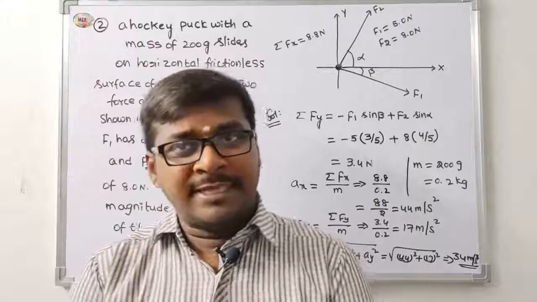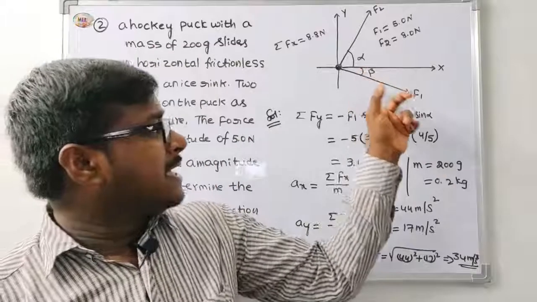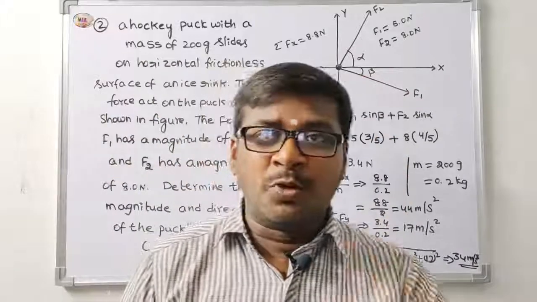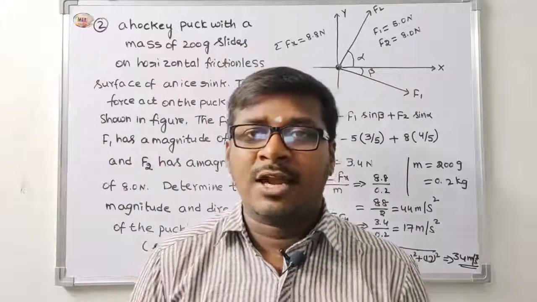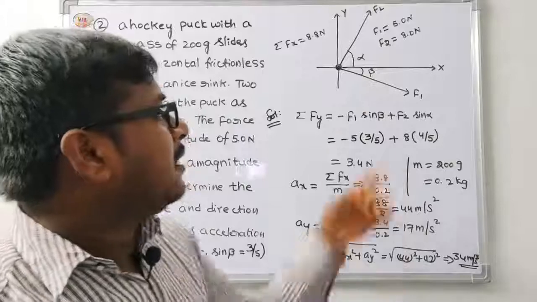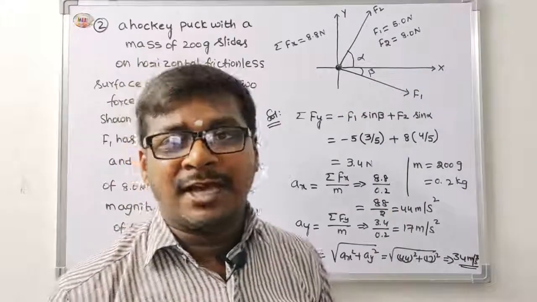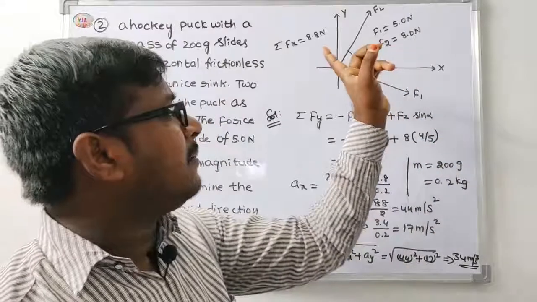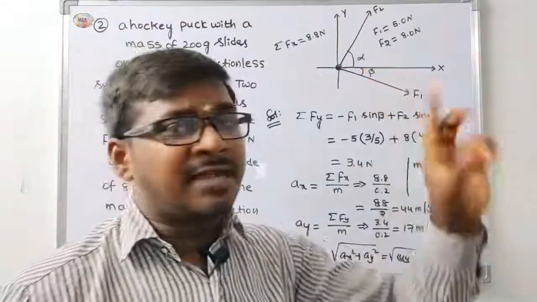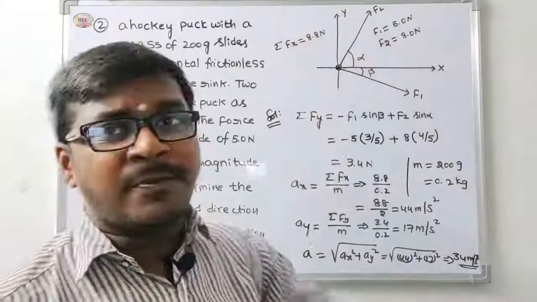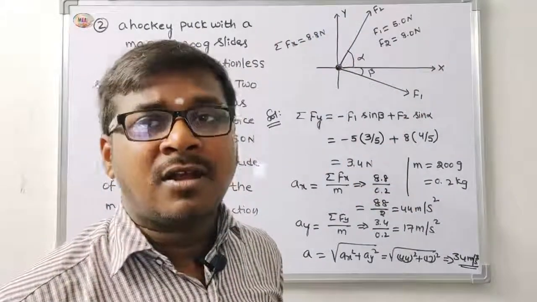F1 makes the angle beta and is resolved into two components, the horizontal component and the vertical component. The horizontal component is F1 cos beta. At the same time, F2 makes an angle alpha and is resolved into two components, one horizontal and the other vertical. The horizontal component is F2 cos alpha.